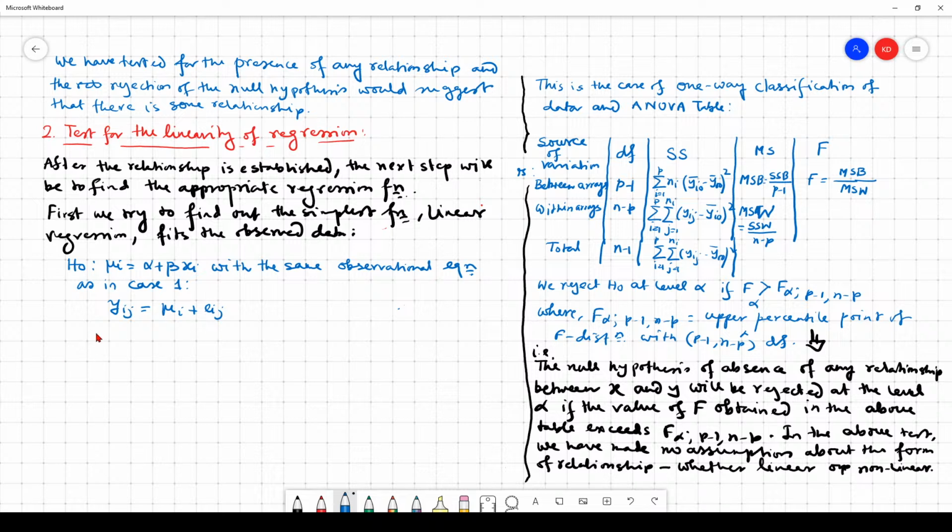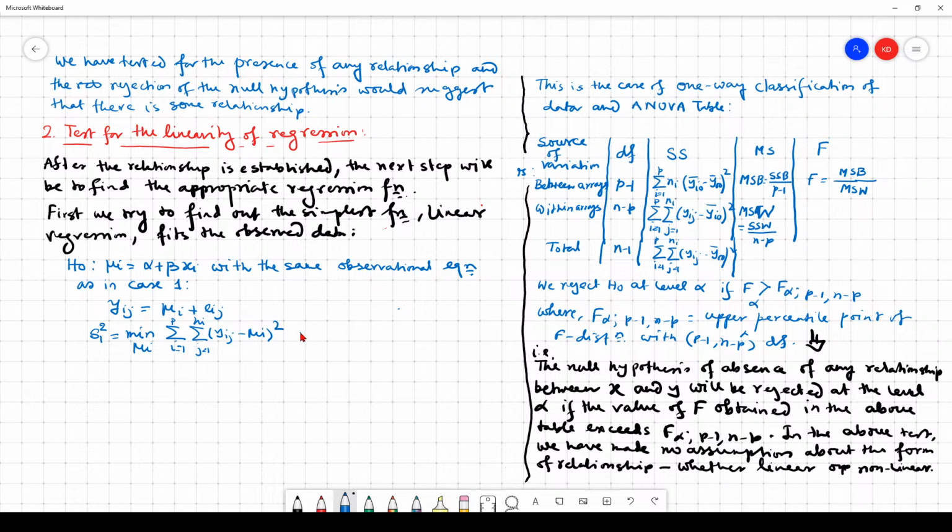Now, first we minimize. I define S1 square, which is the minimum with respect to mu i of the sum over i from 1 to p, j from 1 to ni, of Yij minus mu i whole square.